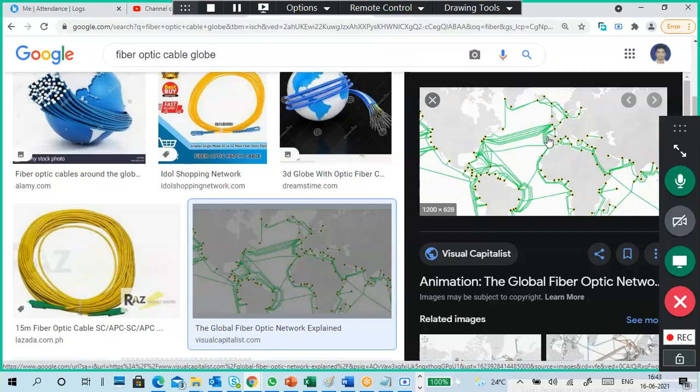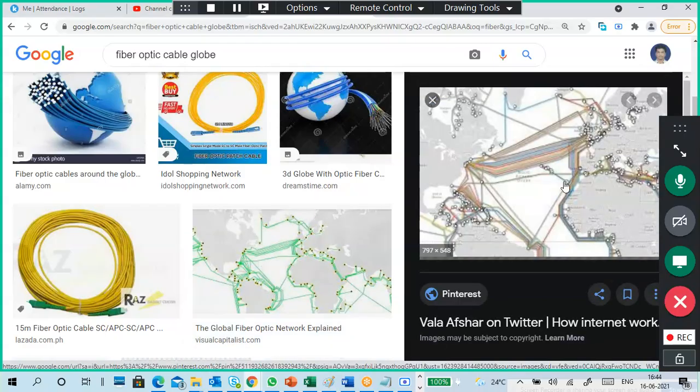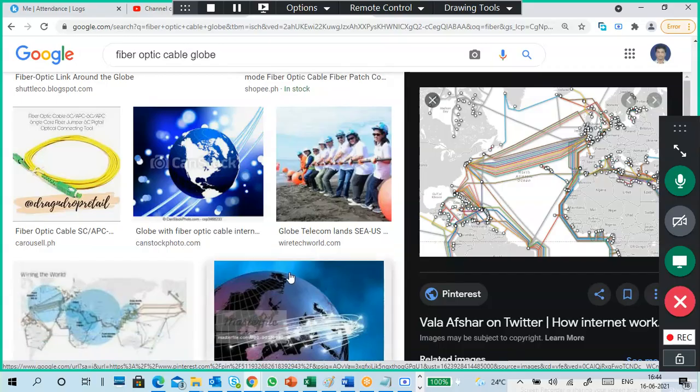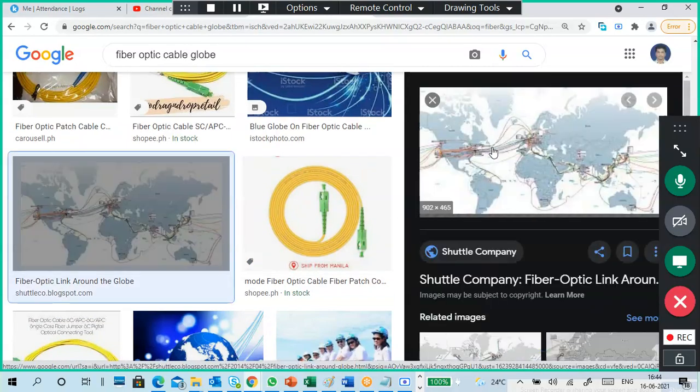Can you see the green lines and dots? Dots are junction points. These green lines are nothing but a representation of fiber optical cables, country to country, continent to continent, overseas.